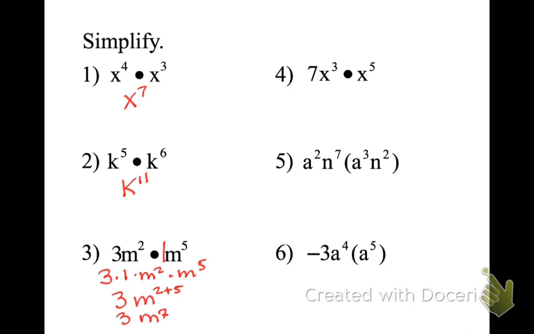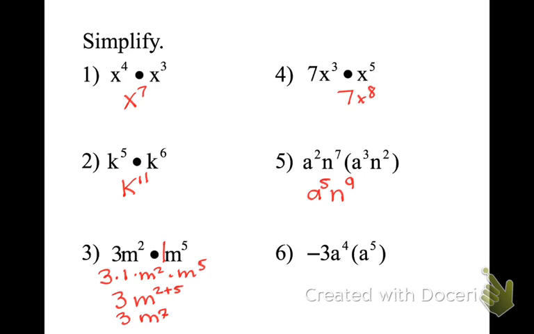Okay, next one, number 4. Why don't you tell me, Dakota? 7x to the 8th. Good. Next one, Alan. I got a to the 5th plus 9 a to the 5th. No, not plus. There's no plus signs. a to the 5th and n to the 9th. Good. Make sure you're not adding a plus sign.